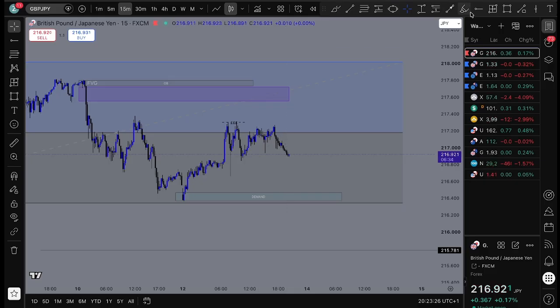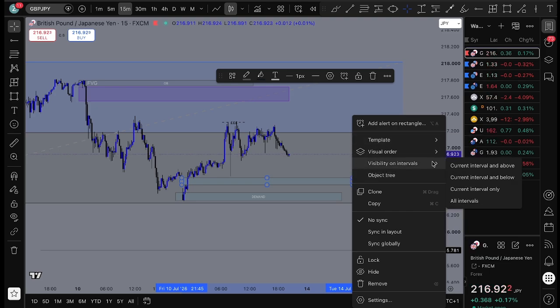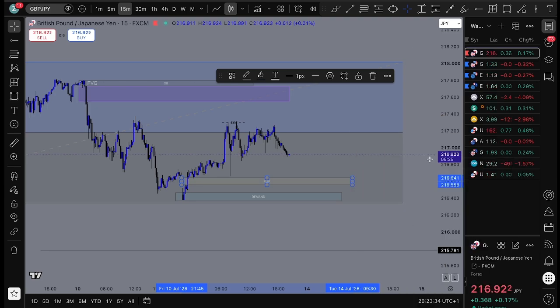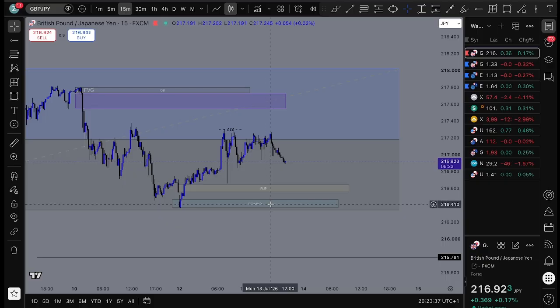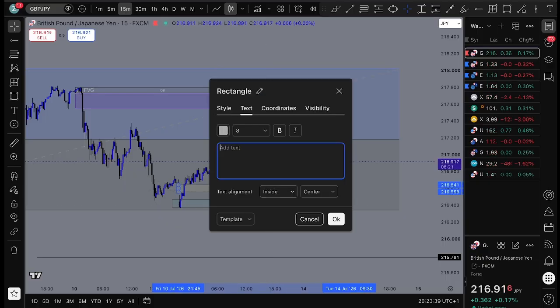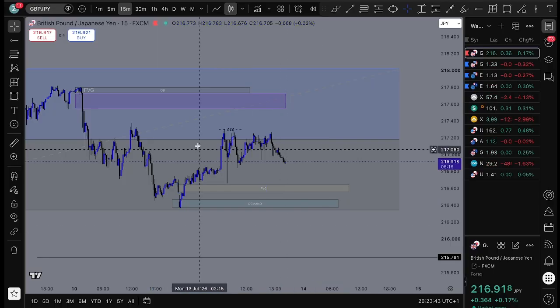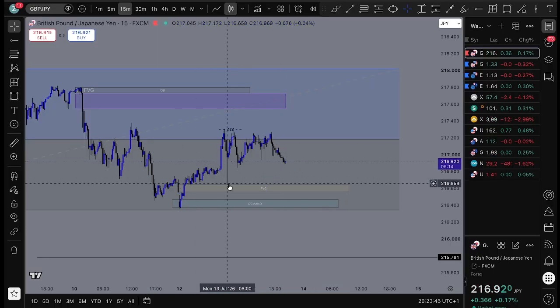I mean, we've got another fair value gap here, which is going to need to be taken. Just put it as a flip for more. That would have been a great entry point for this move here.